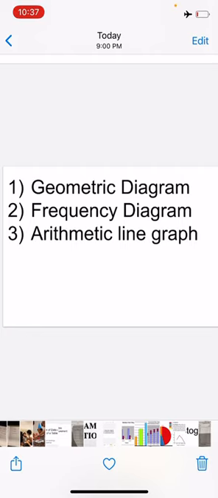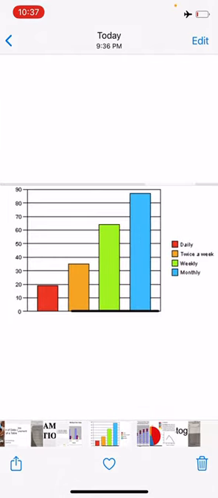So a bar diagram comprises a group of equispaced and equiwidth rectangular bars for each class or category of data.